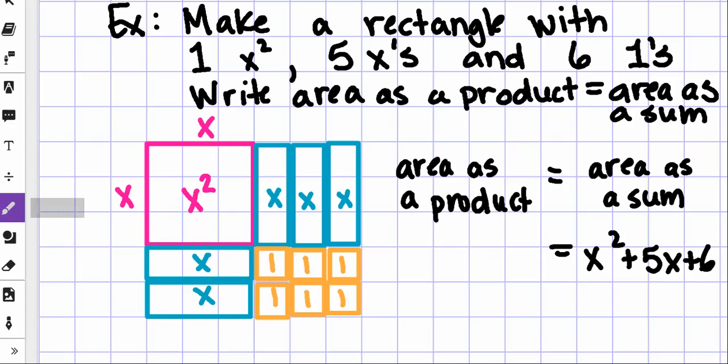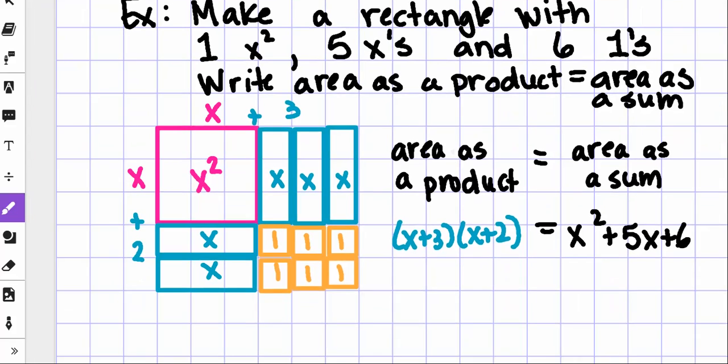And then when I'm looking at the top here, this is a 1, a 1, a 1. Okay, so I really got an x plus 1 plus 1 plus 1, which really is an x plus 3. And then I have an x plus 1 plus 1, which really is an x plus 2. So this is going to be an x plus 3 times an x plus 2. That's my area as a product equal area as a sum.